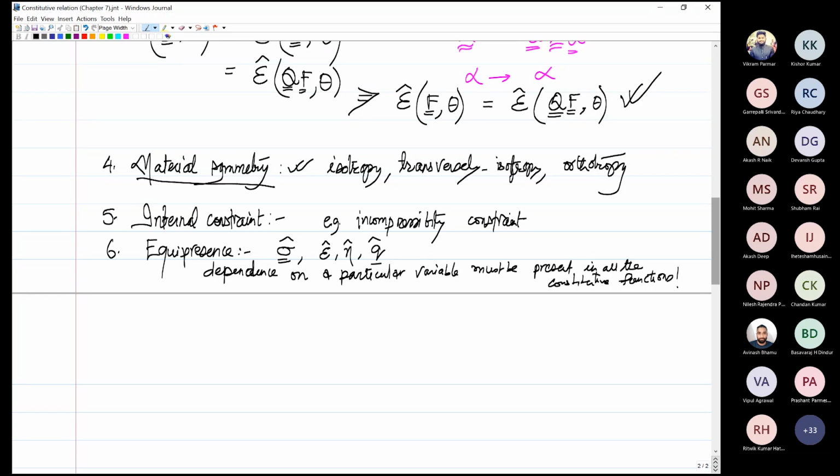Okay, then let us talk about this, it is all just going abstract. Let us think of some examples. So different forms of constitutive response functions.